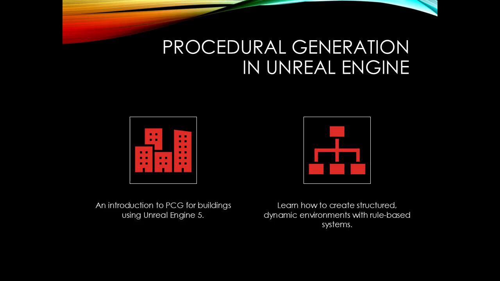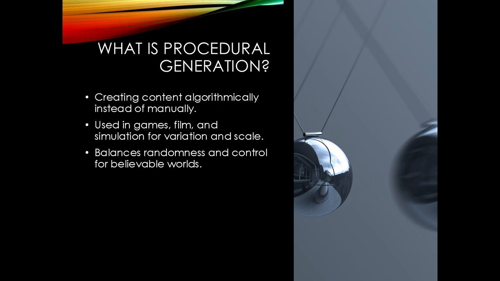Think of procedural generation as designing a system, not a single object. You build rules and Unreal builds the world. Procedural generation means the computer creates content following a set of rules. This is something you have all seen in games: roguelikes with randomized levels, forests that never repeat, and open worlds like Horizon, Skyrim, or No Man's Sky that rely heavily on procedural tools.